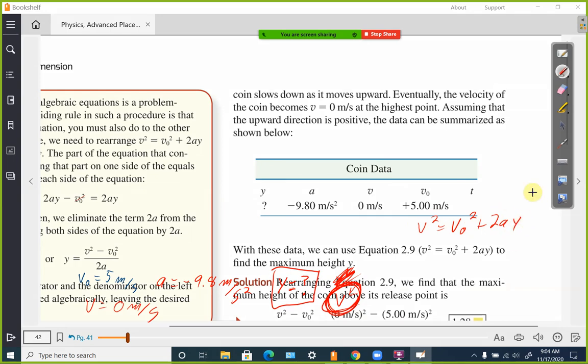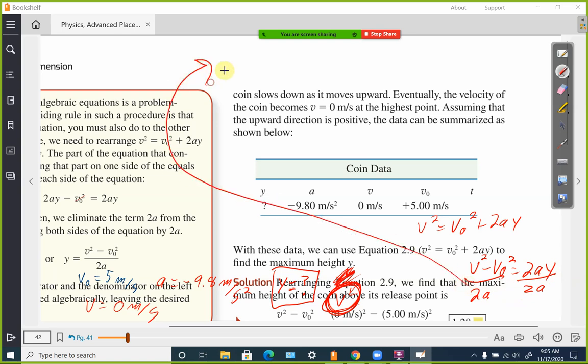So using our algebraic knowledge, we need to solve this for y. What you'll do is say v squared minus v sub 0 squared equals 2ay, right? And now do what? Divide by 2a. Basically what you will have is y equals v squared minus v sub 0 squared, all over 2a.